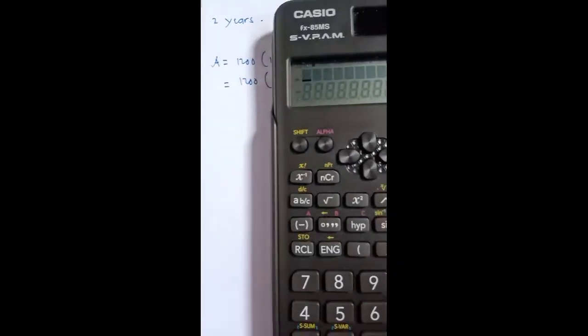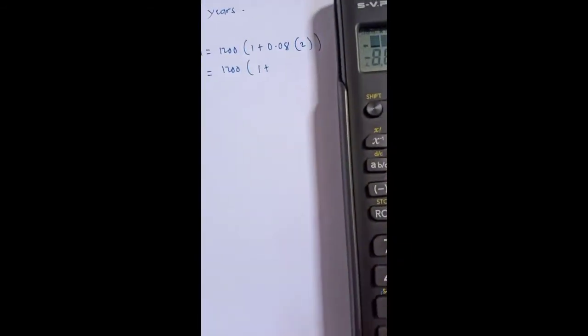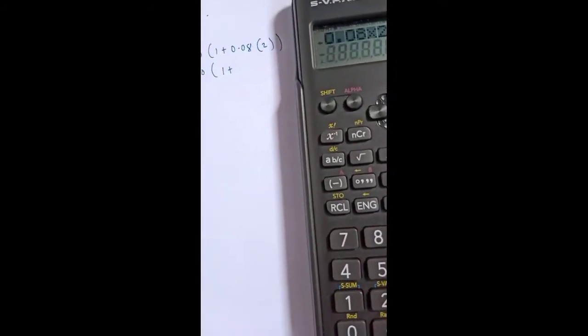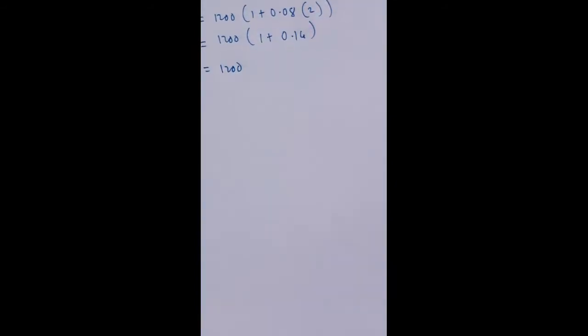times 2 years, 2. So 1,200 times 1 plus, so you need to multiply it. 0.08 times 2 will be 0.16. Then add 1, and it will be 1.16.